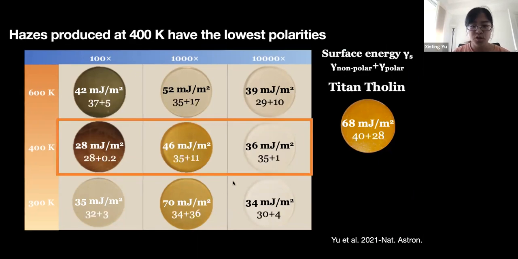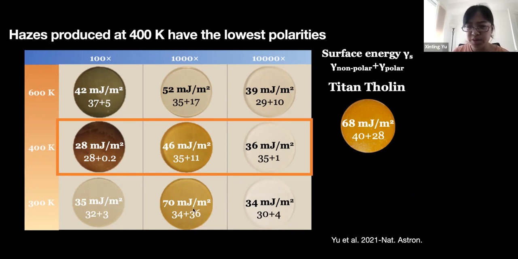All right, so now let's add in the components, a nonpolar and polar part. Something you notice, again, is a diversity. Some of the hazes have tiny polarity, so they are pretty much all nonpolar, and some of them have huge polar components.